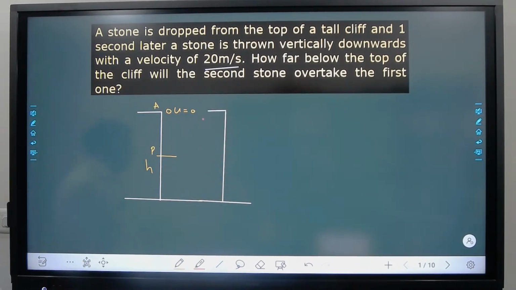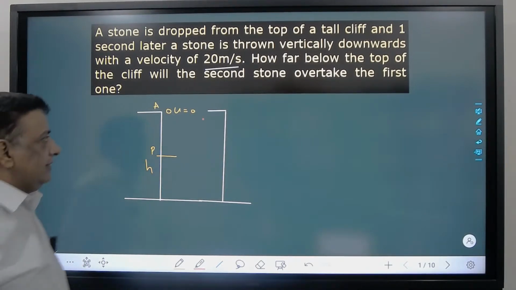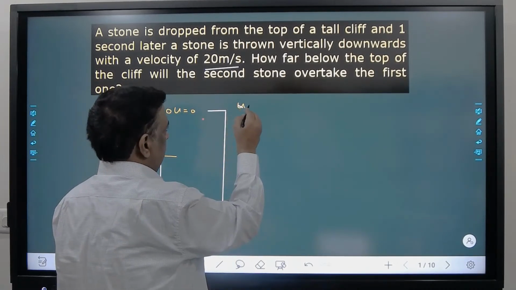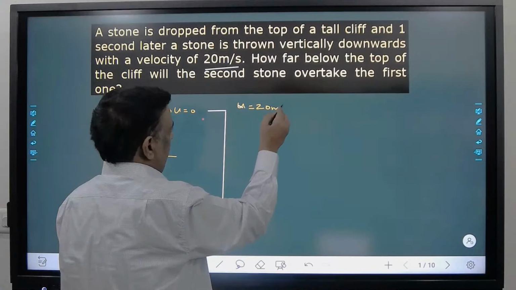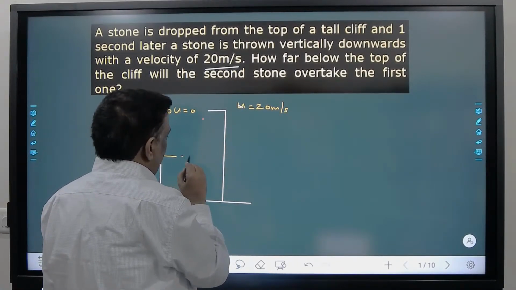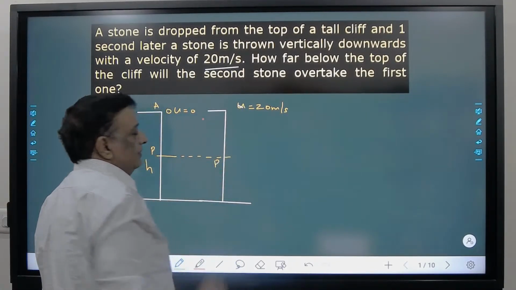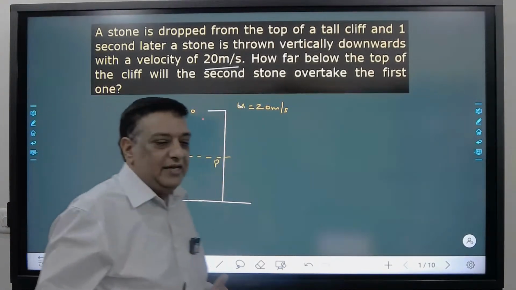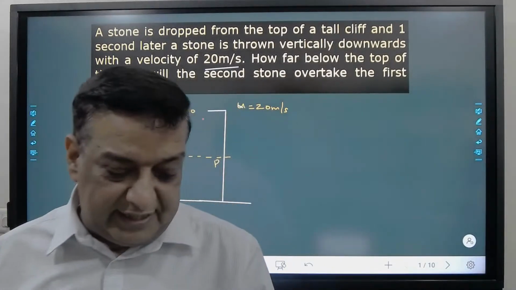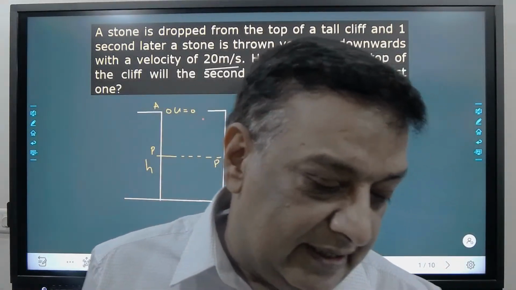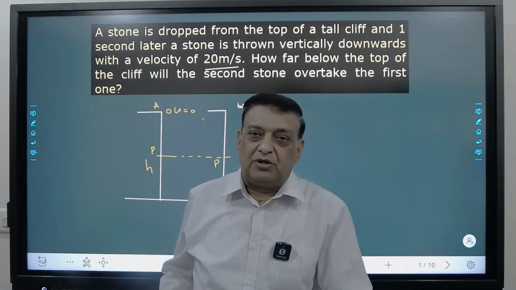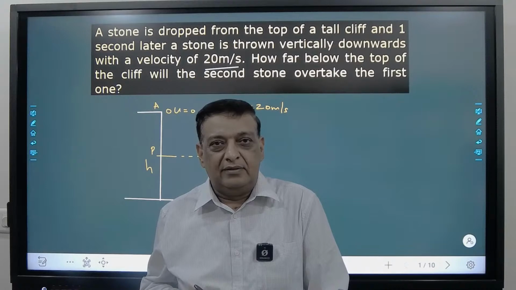So when you throw it with a velocity of 20 meter per second, that means u is 20. And at this point it overtakes the first body. This basically implies that whatever distance first body has traveled in time t, the second body travels same distance in time t minus 1 because it was thrown 1 second later.